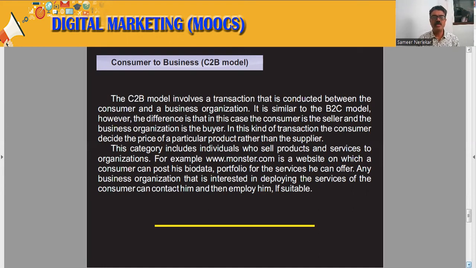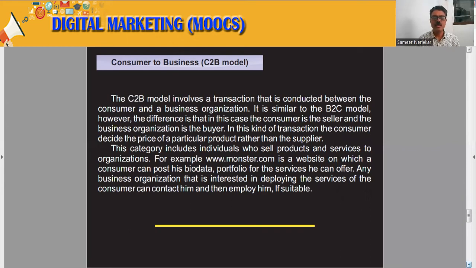However, the difference is that in this case, the consumer is the seller and the business organization is the buyer. In this kind of transaction, the consumer decides the price of a particular product rather than the supplier. This category includes individuals who sell products and services to organizations.